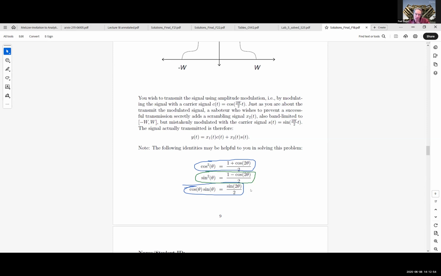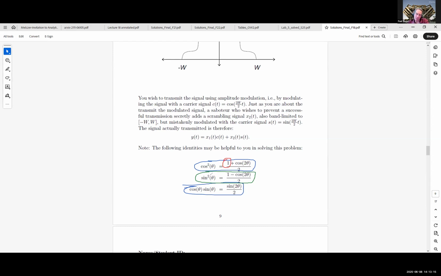The cosine times the sine gave us copies of the x2 over there on the fringes, but nothing in the middle. So we were taking advantage of the fact that the cosine squared gave us this 1 right here. It's really 1/2, but that's the scale factor. It gave us the copy of the original.